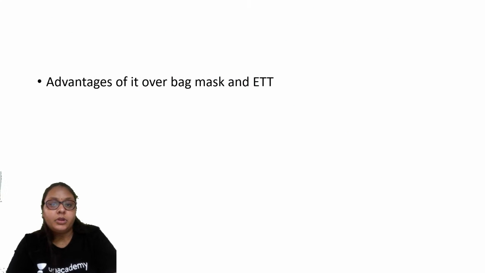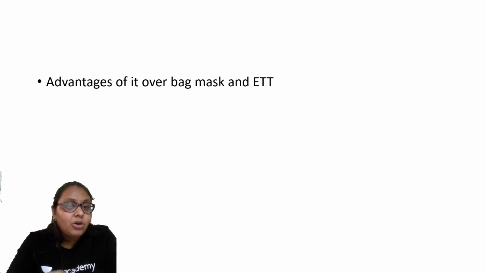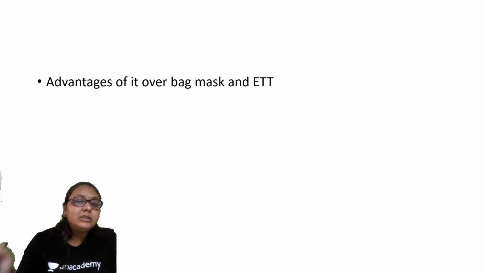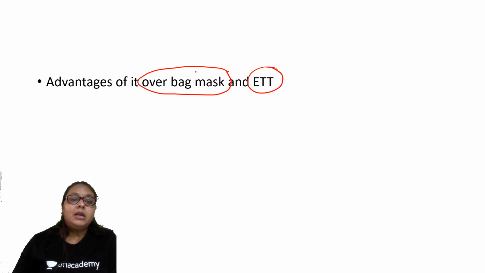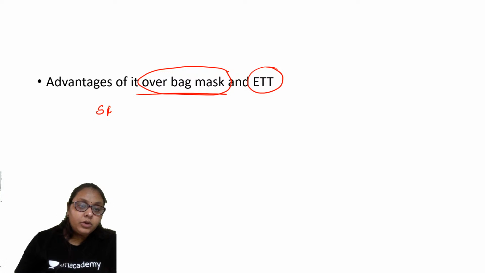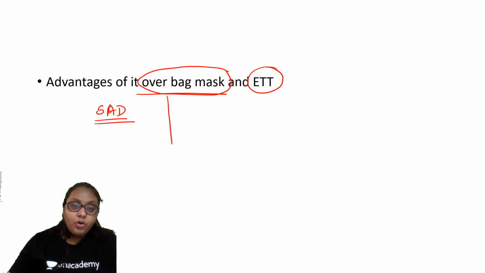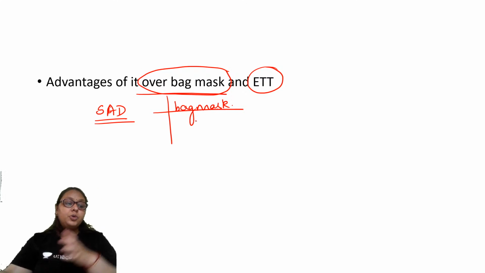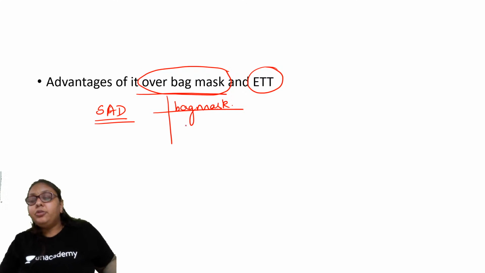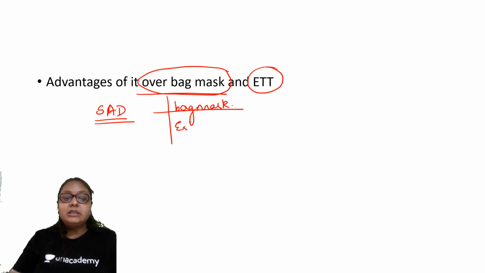Okay. So what are the advantages of the supraglottic airway device over bag mask and over endotracheal tube intubation? This question can be asked. See, the advantages of supraglottic airway devices over bag mask ventilation is, to hold the mask properly and to form the tight seal, we need expertise.